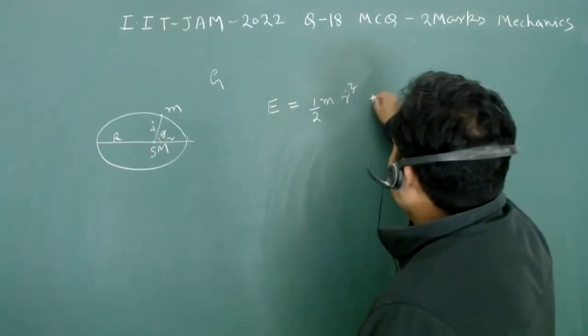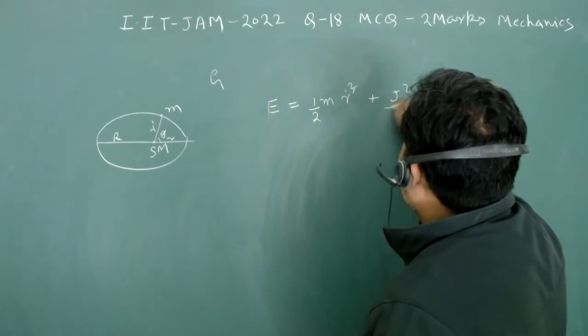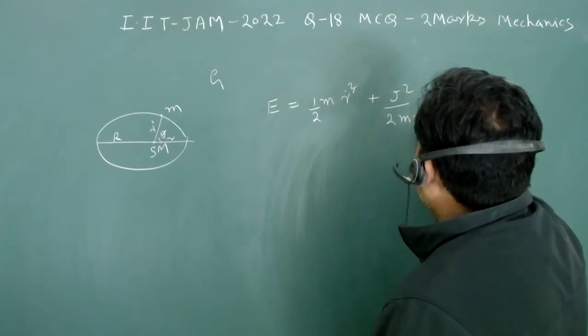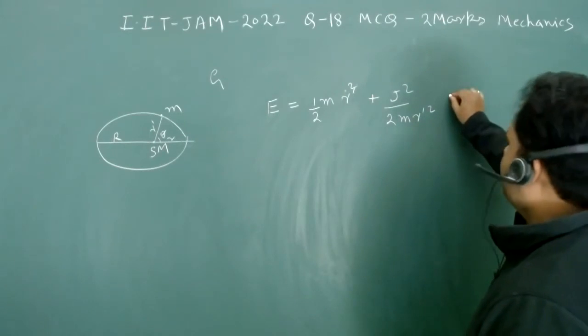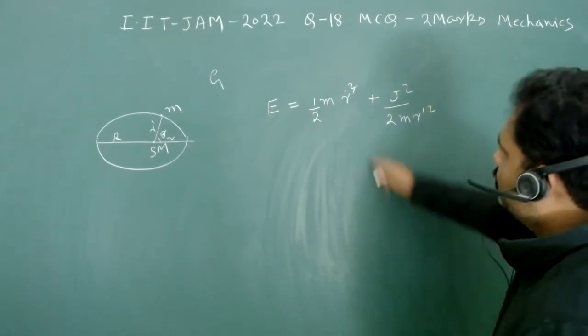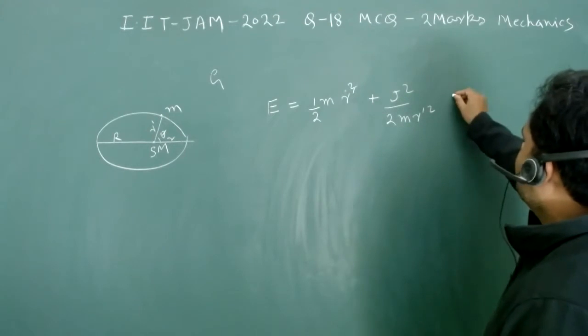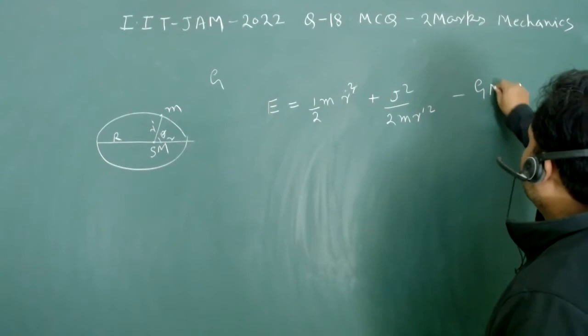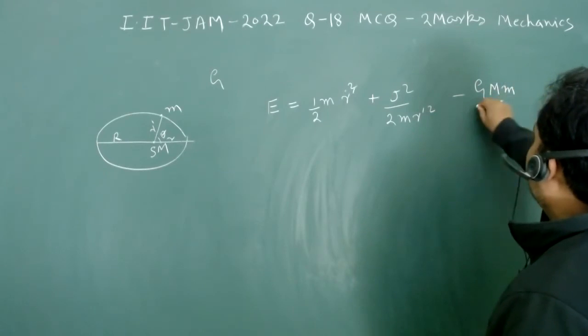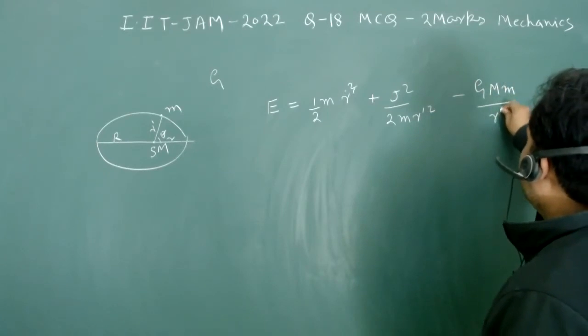And then we have J square upon 2m r dash square. This is rotational energy, this is translational kinetic energy, and the potential energy is minus G capital M small m upon r dash.